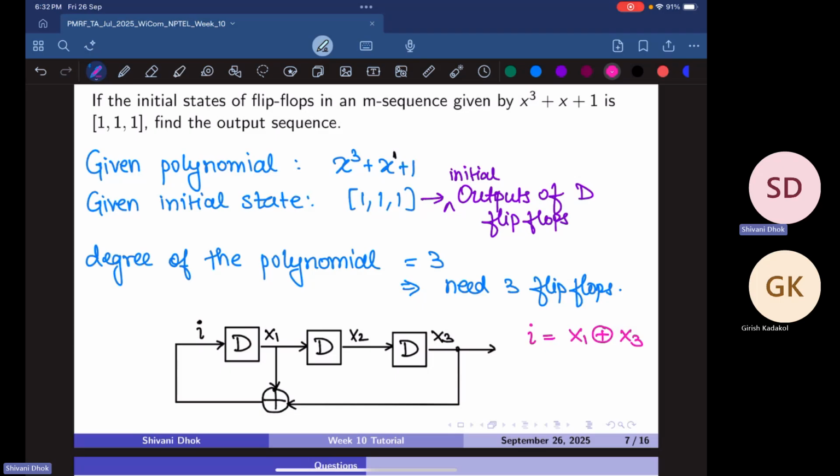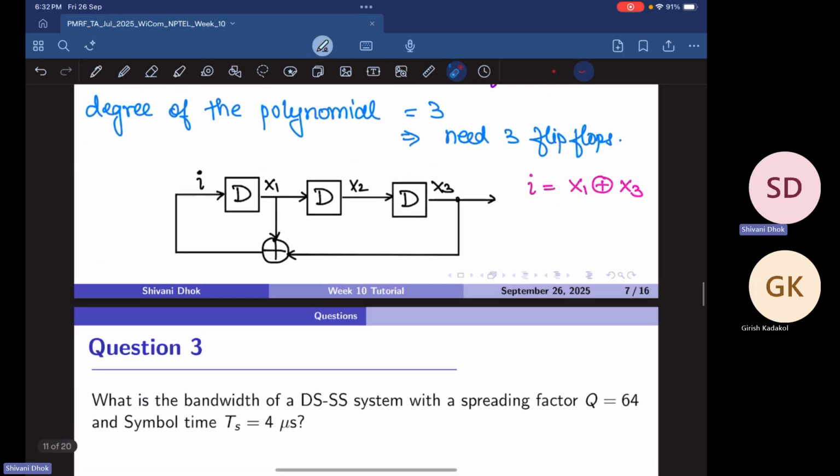Okay, and these D latches or D flip-flops, what do they act as? They act as a delay unit. Let's say at time instance 1, the output of this is 1. Then this will be sent as x2 in the next time instant, that is at time instant 2. At every clock edge, it will just forward whatever input it has to the next output.